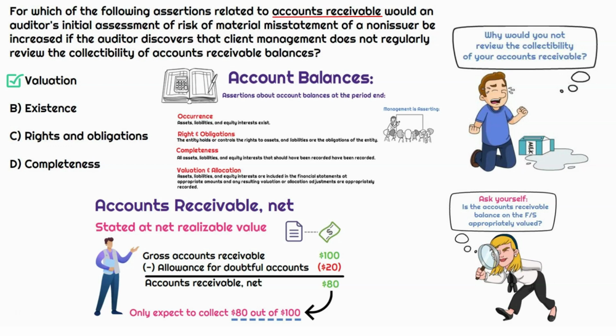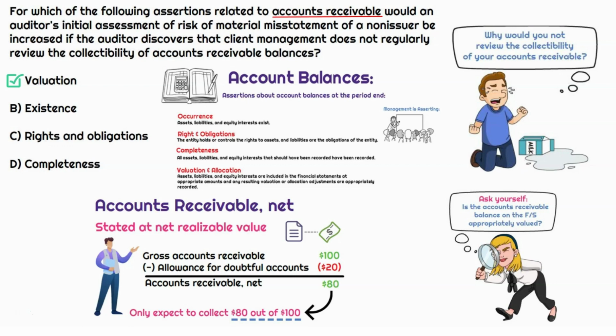Now, one of the things that also helps here is thinking about what type of documentation or reports the audit team could use to inspect whether the accounts receivable balances are adequately reflecting customers that might not pay. One of the key documents that you could look at is the accounts receivable aging listing, which shows how many days past due that invoice is.